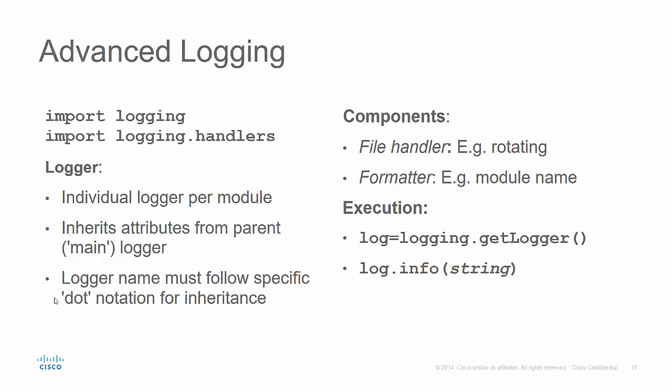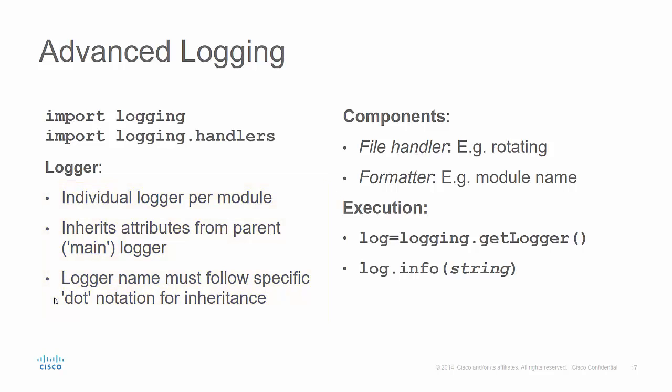You can also do advanced logging. In order to do this, you will be using logging handlers. When you use advanced logging, you will create an individual logger for every one of your modules, which will inherit from your parent logger, and you can use dot notation in order to specify the parent from which we will be deriving some of our attributes when you log.